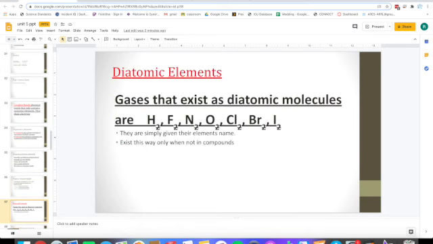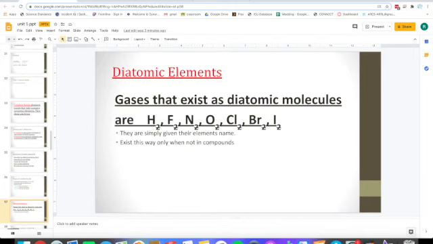The first type of covalent bond we need to talk about are diatomic elements. These are gases that exist as diatomic molecules. And the 7 elements that are diatomic are hydrogen, fluorine, nitrogen, oxygen, chlorine, bromine, and iodine.